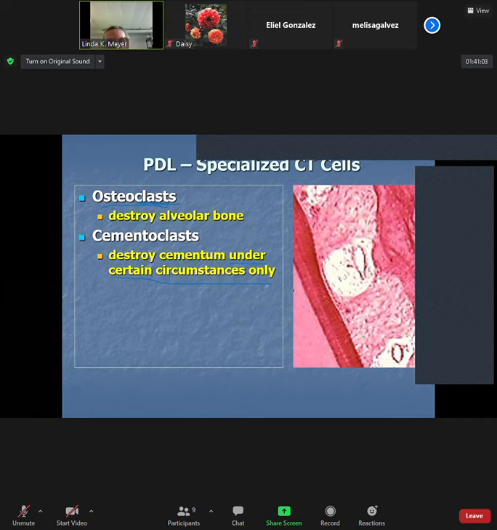When primary teeth are exfoliating, the primary root is destroyed, and the loss of attachment to the bone occurs. That's how an exfoliating tooth becomes loose. It usually is a gradual process. But in that situation, we do have cementoclasts. That's a healthy, normal physiologic process, exfoliation of primary teeth.